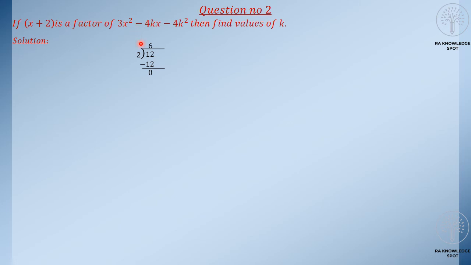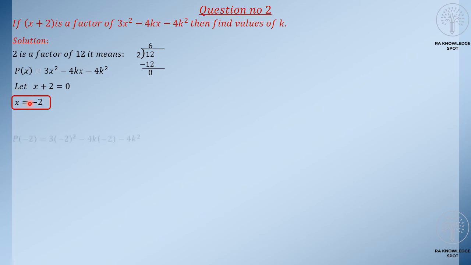Now see the first step. 2 is a factor of 12, like this one. Now p of x is the polynomial. You have to put x plus 2 equal to 0, then the value of x is minus 2. Then you just replace x with minus 2 and solve it.